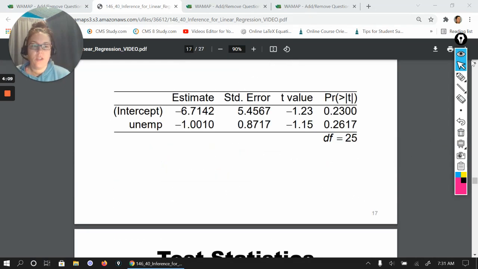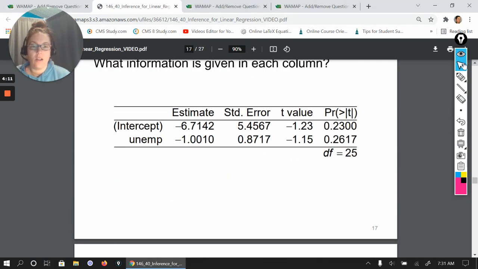What information is given in each column? Well, we talked about how this first column gives us the point estimates. The t-value column gives us the test statistics. And then the final column gives us the p-values.